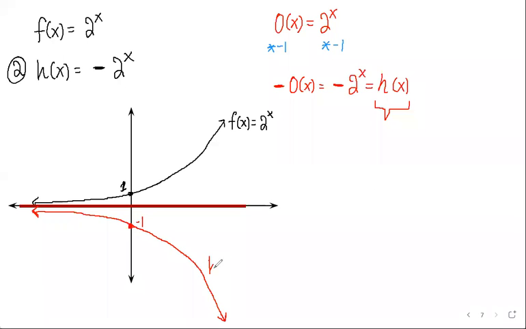So this is my h of x equals minus 2 to the x. Any question? Is it clear? Do you have any question?